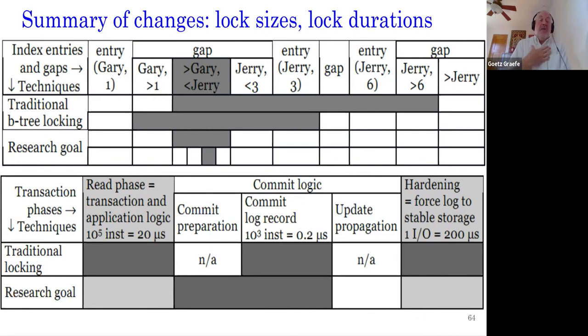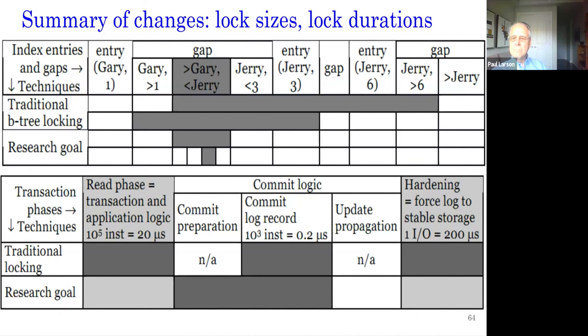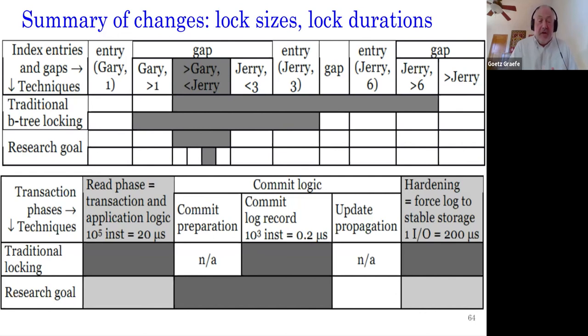So if I want to acquire a shared lock, and I see you hold an exclusive lock already, then we might have a conflict. So now I have to go and find out what your transaction state is.